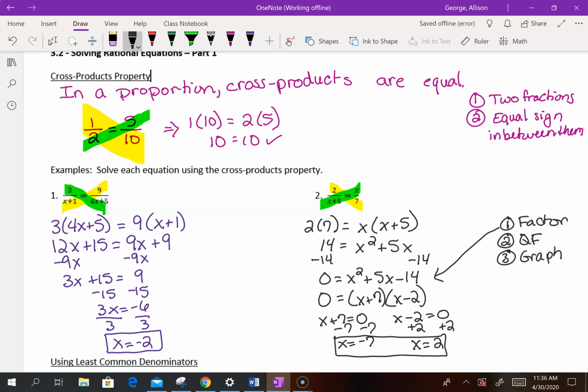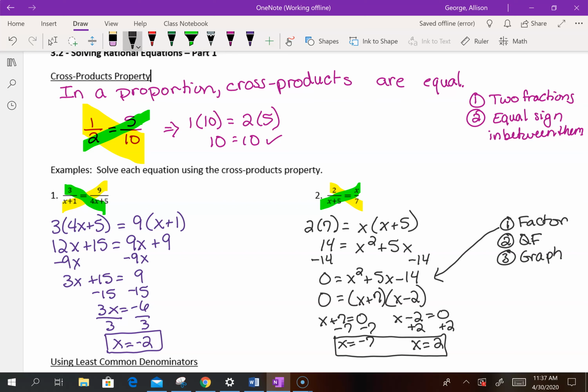We're going to run into problems across these 2 lessons where we'll have problems where none of the answers will work.